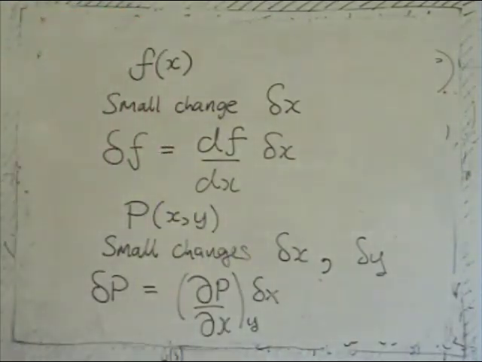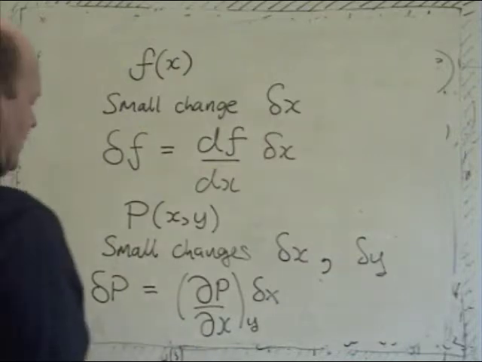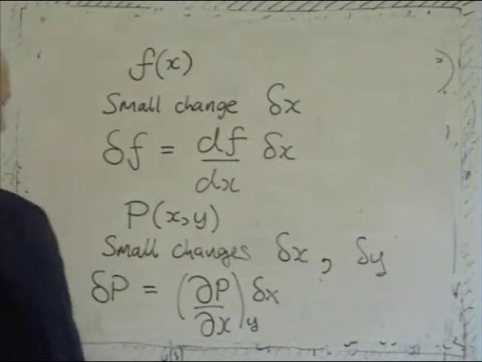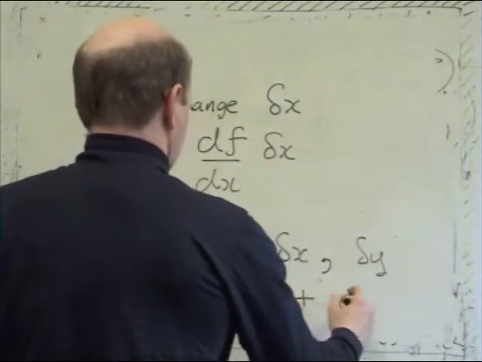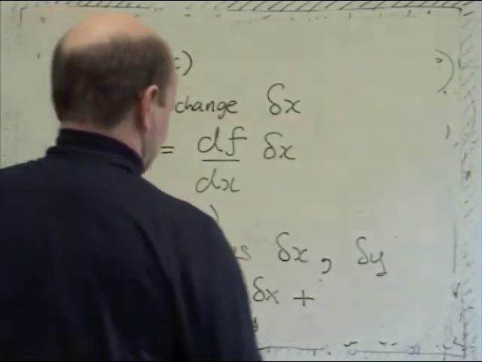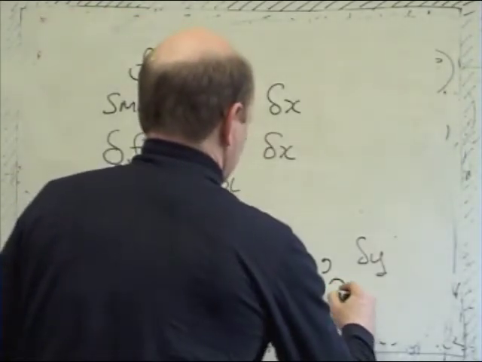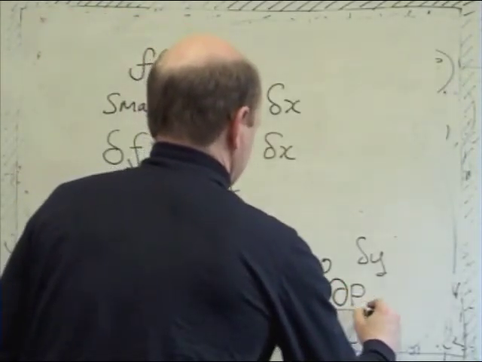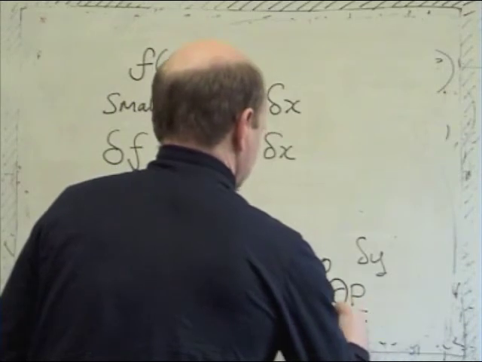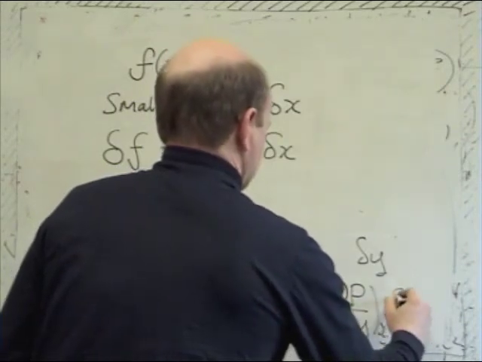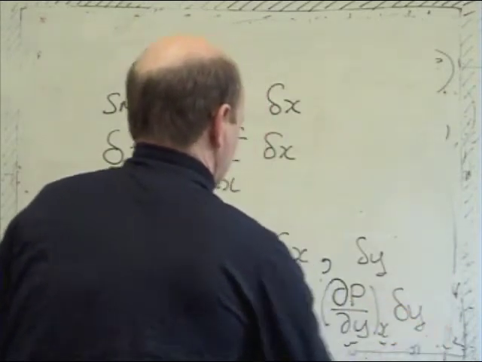And then the next thing you do is you keep x fixed at its new value, and then you allow y to vary by amount delta y, and then you get another change in p, which is independent of the change resulting from the change in x, and that's given by the derivative of p with respect to y, leaving x fixed, times the change in y.